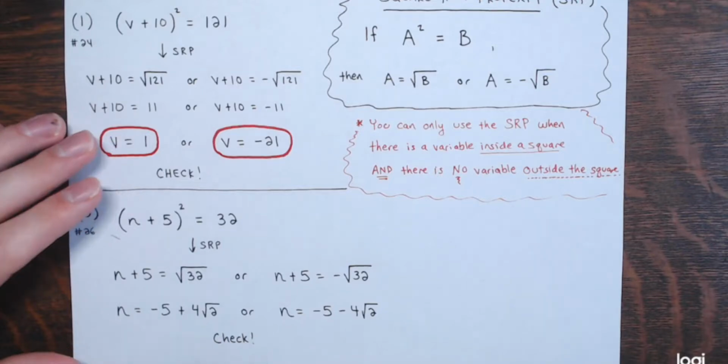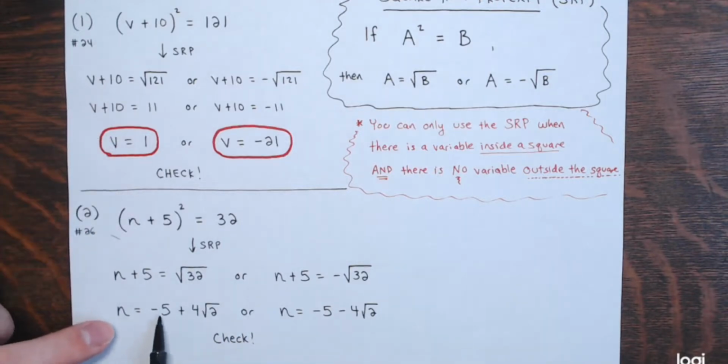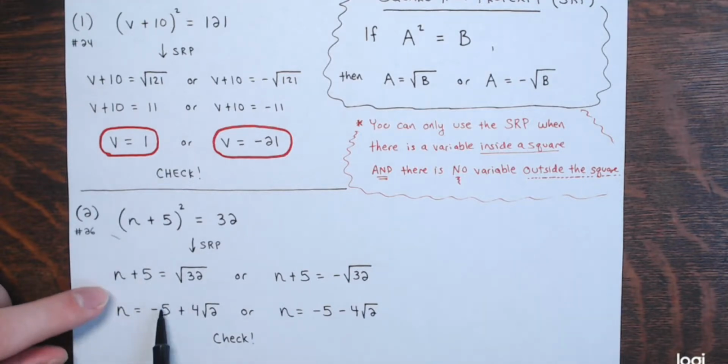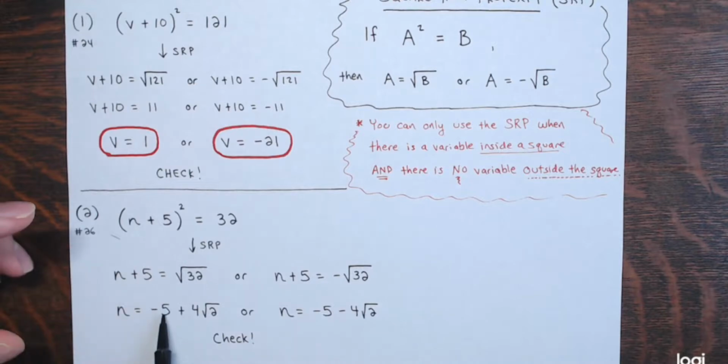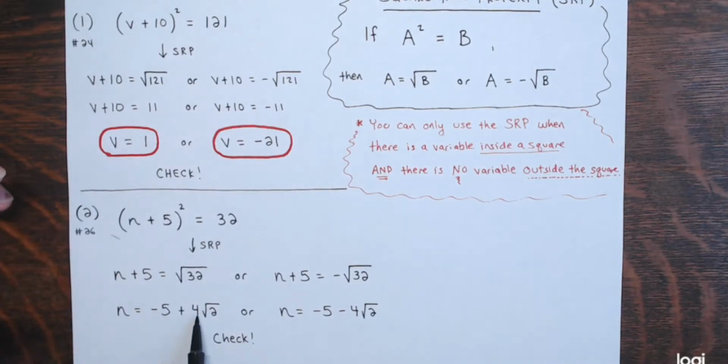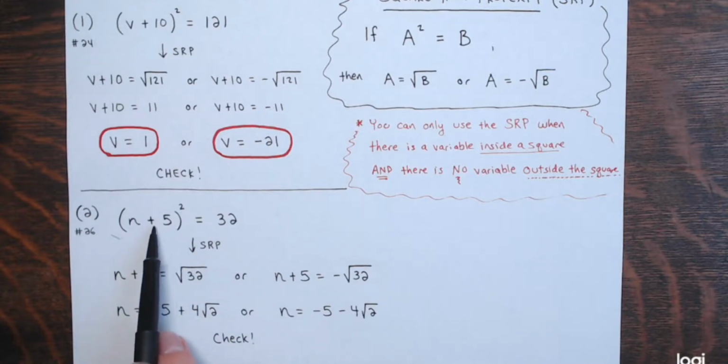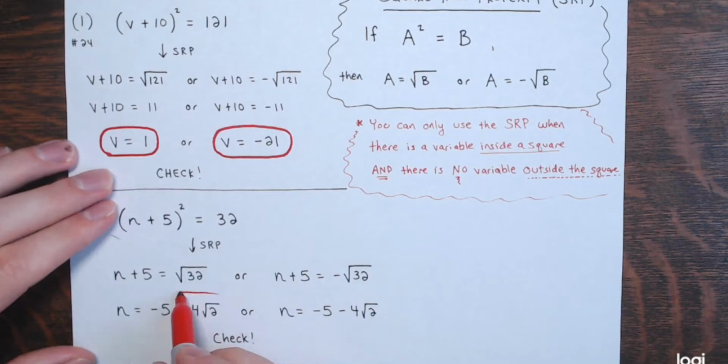Now, this time, if you plug in negative 5 plus 4 root 2 for n, the negative 5 and positive 5 would add up to 0, and you'd be left with just 4 times the square root of 2, or the square root of 32 squared, which would be 32. So this works.